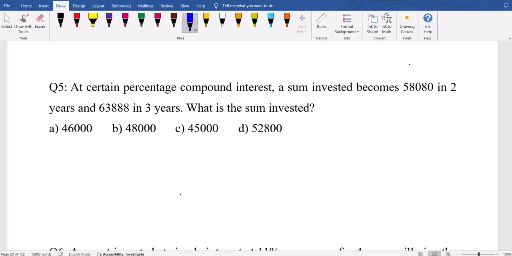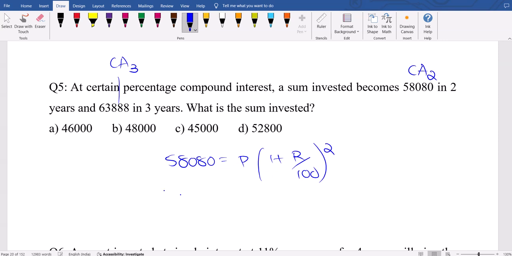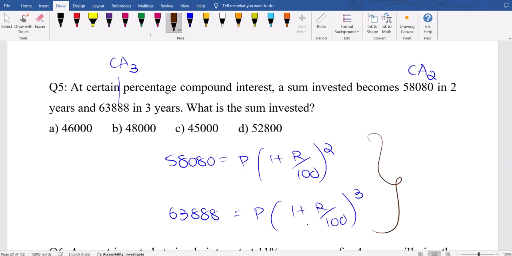Sum invested becomes this amount: compound amount in 2 years, and this is compound amount in 3 years. 58,080 is principal into (1 plus r upon 100) whole square, power 2. 63,888 is principal into (1 plus r upon 100) whole cube. From this, you have to calculate 1 plus r by 100, then you have to calculate P. How can I get 1 plus r by 100, sir? Divide this equation with this equation, no?